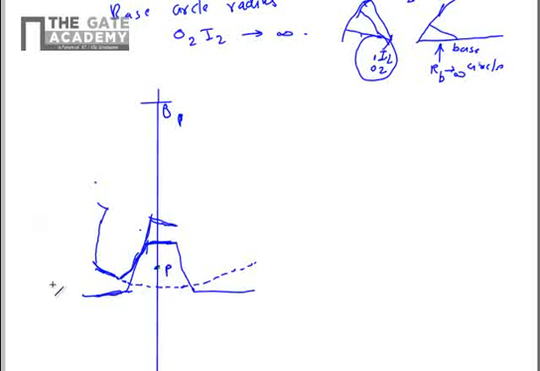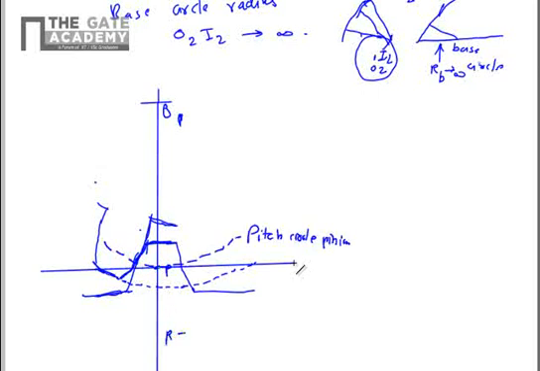The common tangent will be a horizontal line, common tangent to the pitch circles. So the pitch circle of the pinion will look like this. The pitch circle of the wheel will be a straight line since R is infinity. And this is the small r, O1P.